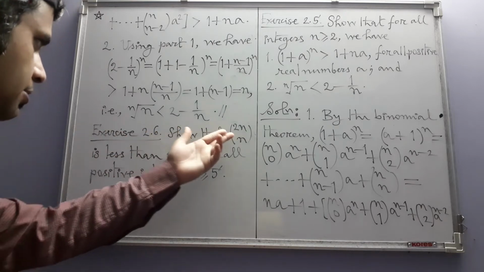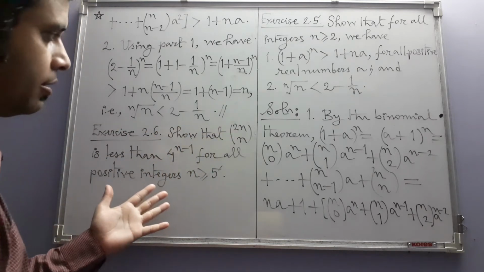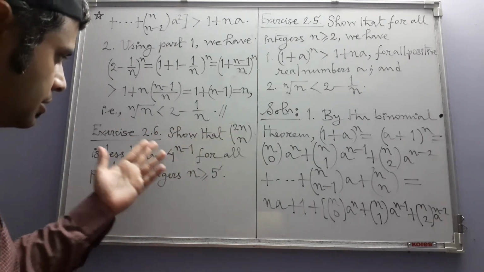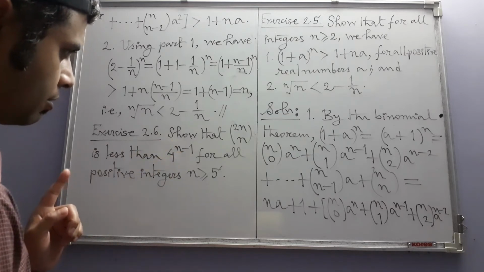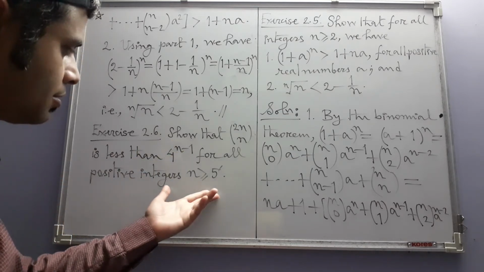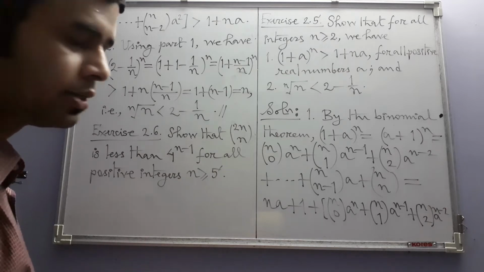Okay, so this is less than, not also equal. This is less than this only for these values of n, where the least is 5.